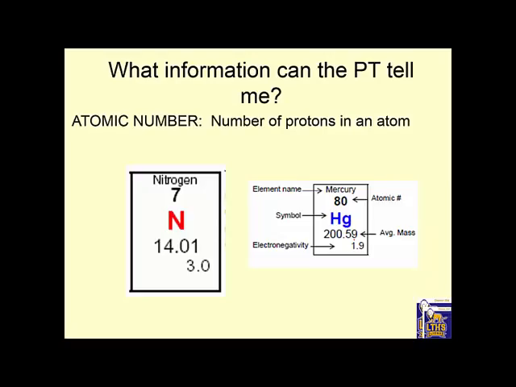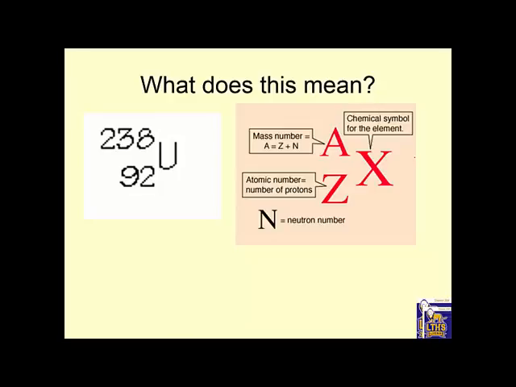All right, so what information can the periodic table tell you? Well, it can tell you the protons in an atom because atomic number is protons. So nitrogen is nitrogen. Any atom with 7 protons in its nucleus is nitrogen no matter what. Okay? You can also find out all of these other things about an atom. So here's a way to symbolize a type of atom.